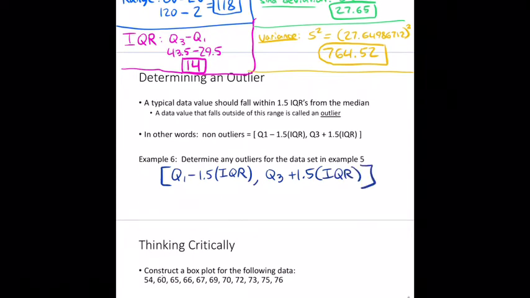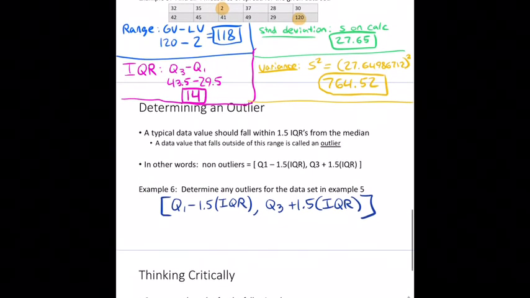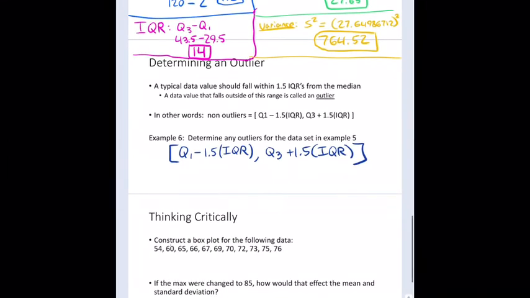Well, we're going to look back at that last data set and see what we know we have. Q3 in this previous data set was 43.5. We see that right here from when we found IQR. And Q1 was 29.5. We see that from up here. So we know our Q3 and our Q1, so I'm going to write those in.